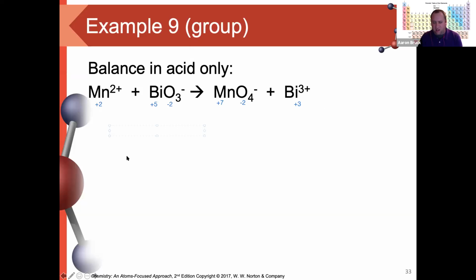So for our oxidation half reaction, we can see that the manganese is going from +2 to +7. So that's going to be the reaction that we are starting with. Manganese +2 turns into permanganate, MnO4 -1.